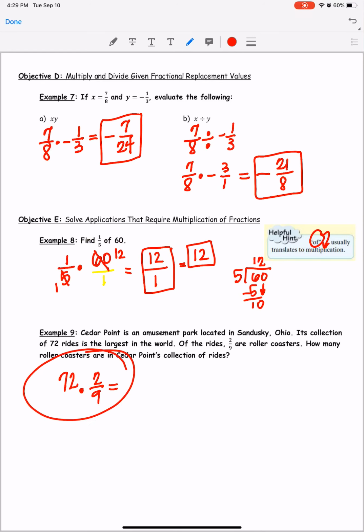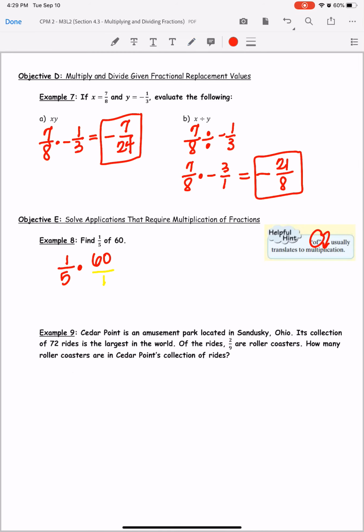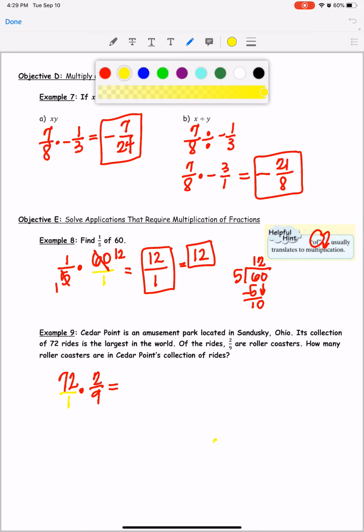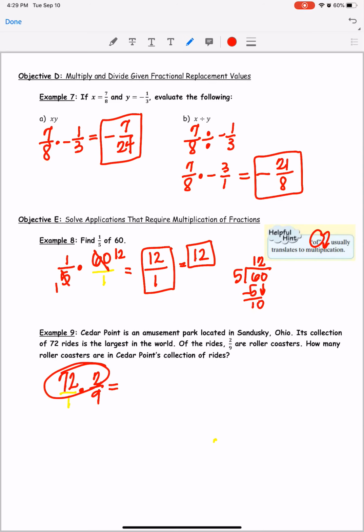On this one, let's just multiply straight across. So you can change your 72 to over 1. So I've got 2 times 72, which is 144. 1 times 9 is 9.